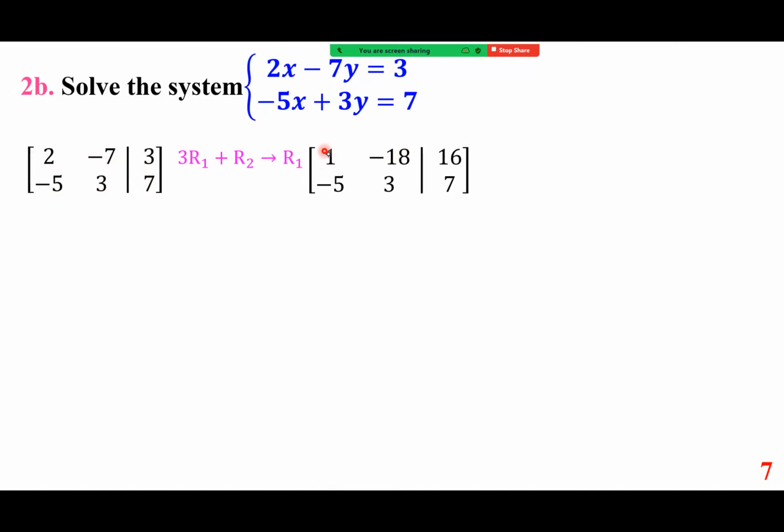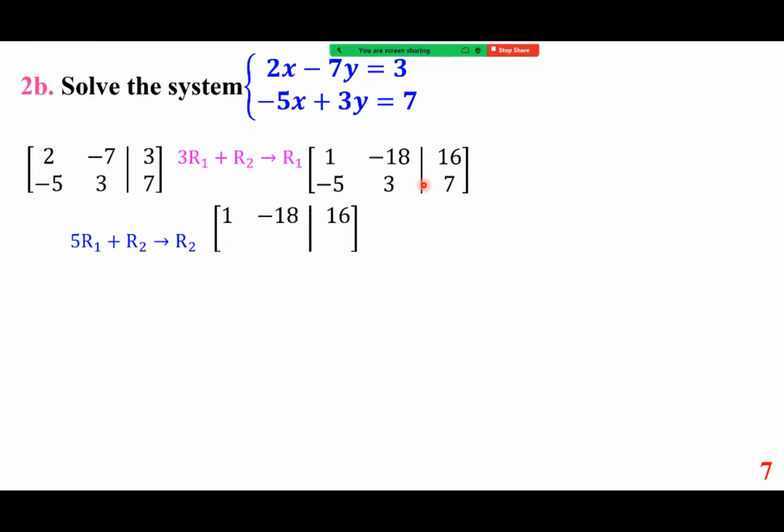Now the next step is to make this guy 0. To do that, let's just write the first row unchanged because we don't want to change that. This is the one we are going to change to 0. Again, there may be different ways. One easy way: I multiply this one by 5 and add it to this. So I'm going to write 5R1, that means 5 times row 1, plus R2, row 2.